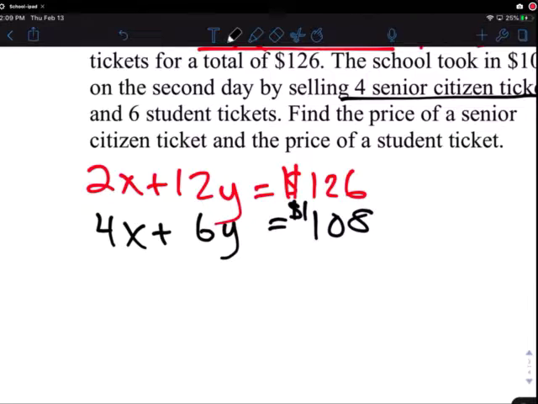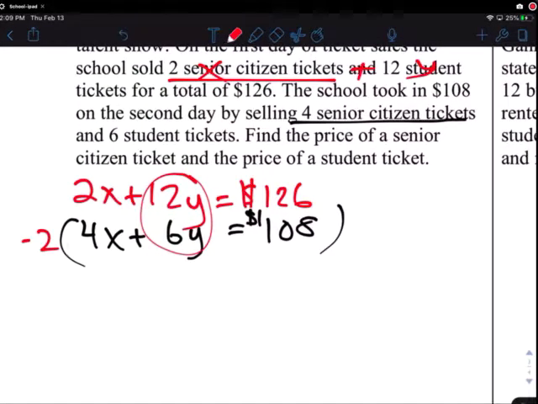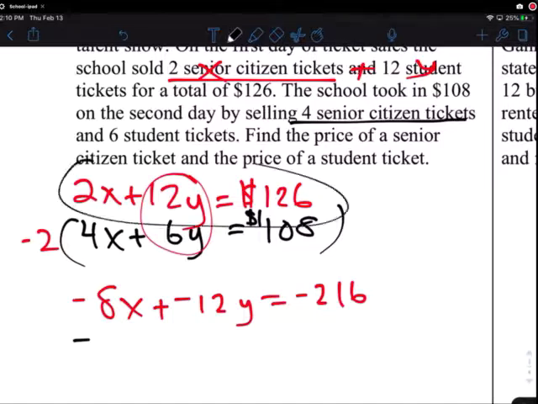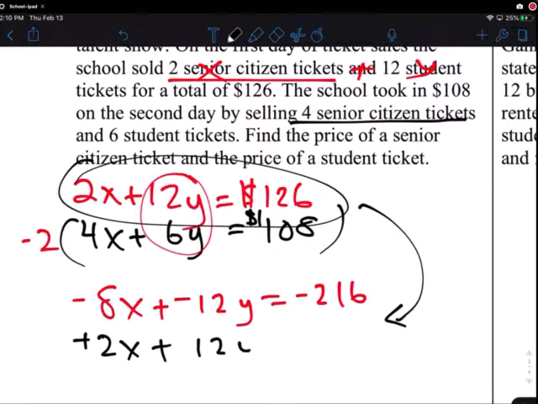Okay, I would multiply the bottom one by a -2, because if I want to eliminate y, we can multiply by a -2. So whichever one. Okay, so you get -8x plus -12y equals -216. I think it's different. And then you copy this over here, so positive 2x plus 12y equals 126.